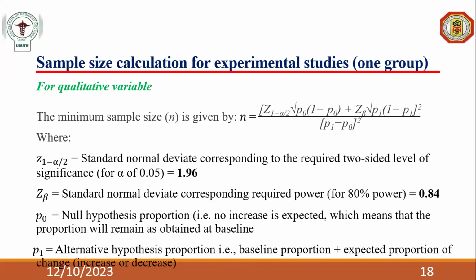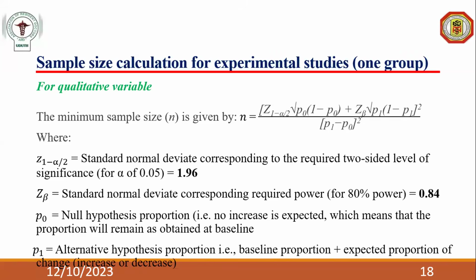If at baseline, from our example, when you measure their knowledge, you find that they have 20% knowledge, their knowledge level is only 20%, then that 20% will be your P naught.